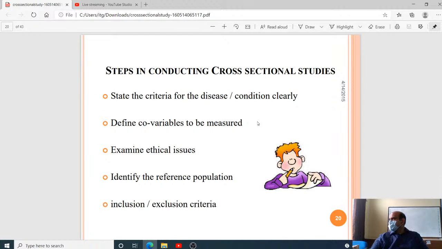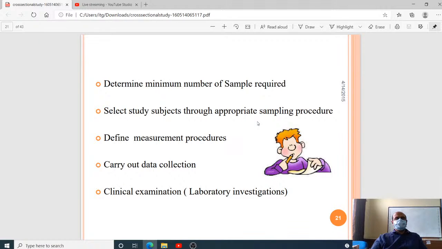I'll go through it again. State the criteria for the disease and conditions clearly. Then define core variables to be measured. Then examine ethical issues. Then identify the reference population. Then set inclusion and exclusion criteria. Then determine the minimum number of samples required. Select the study subjects through an appropriate sampling procedure.